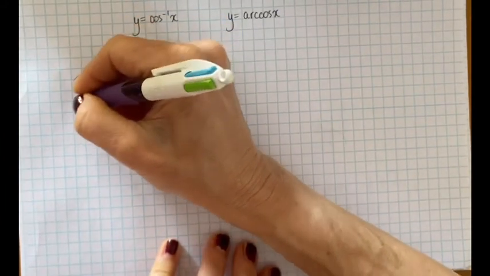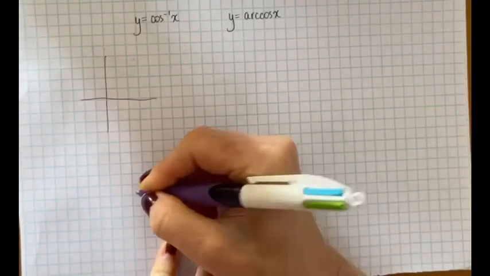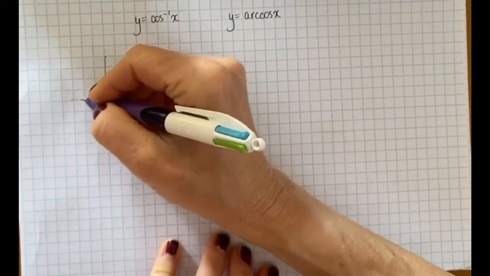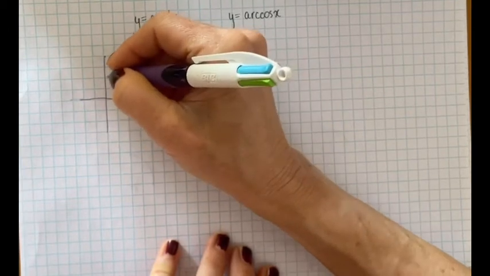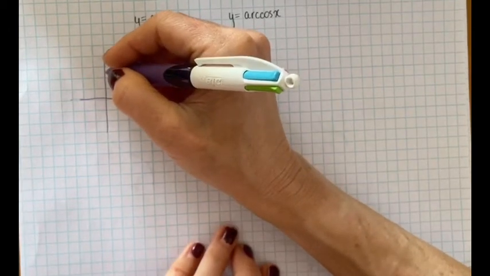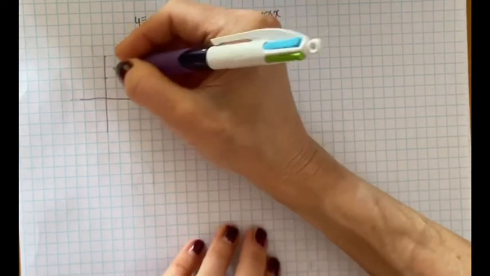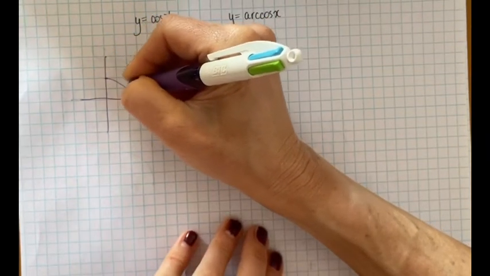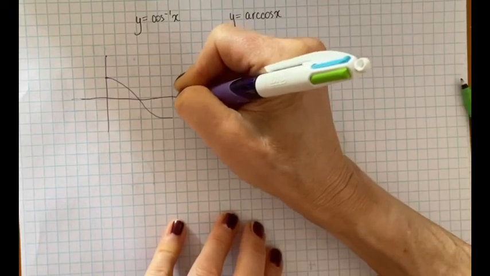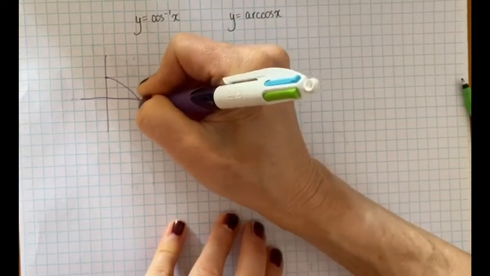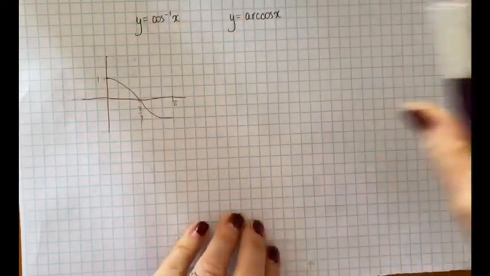Again, you want to sketch only the one-to-one part. You're not going to draw it from minus pi over 2 to pi over 2, because that's many-to-one. You're going to sketch it from 0 up to pi. That's why it's a little bit harder, I think, than the other graph.